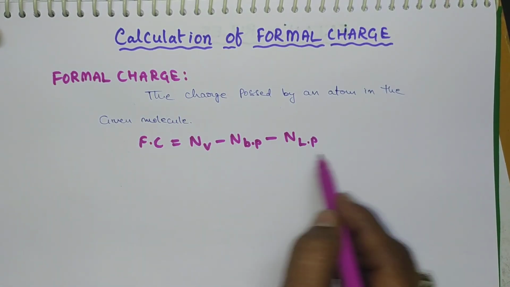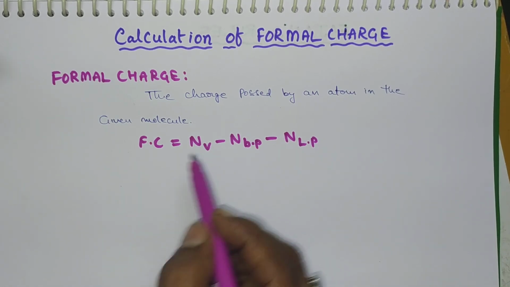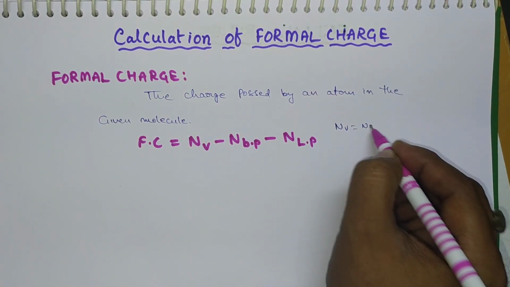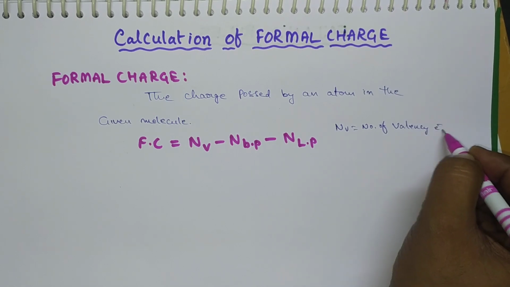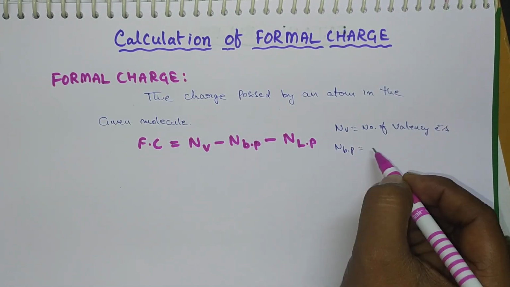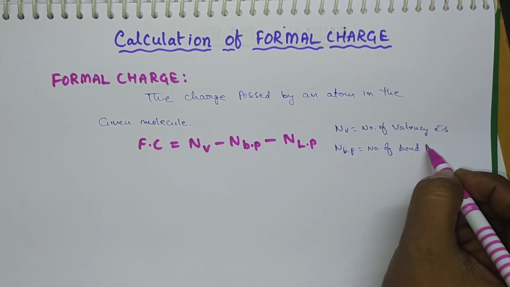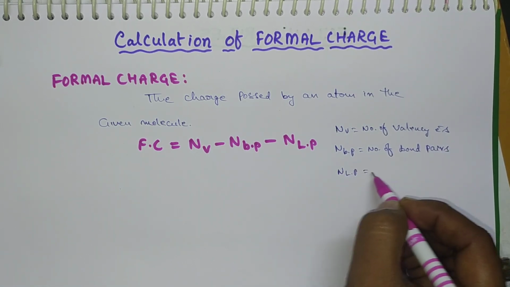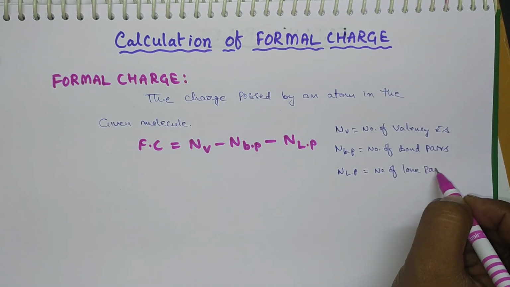Here NV means number of valence electrons, NBP means number of bond pairs, and NLP means number of lone pairs.